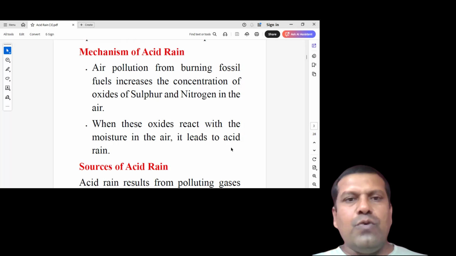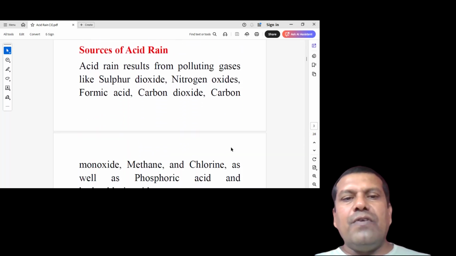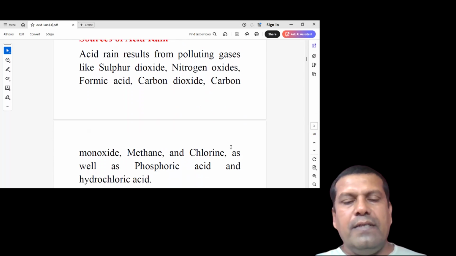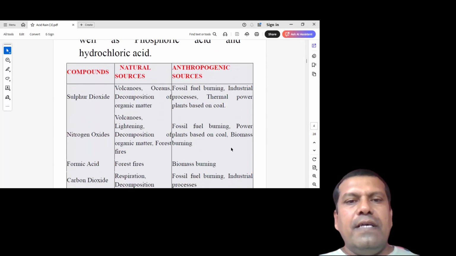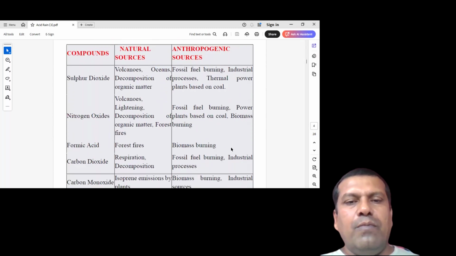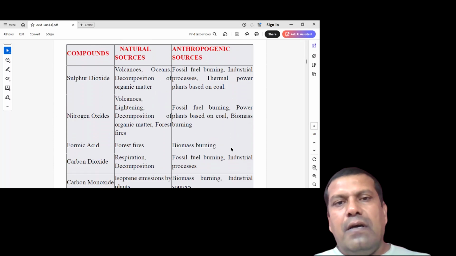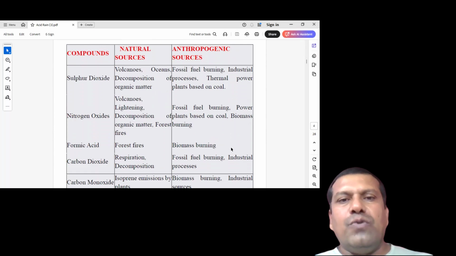What are the different sources of acid rain? Acid rain results from polluting gases like sulfur dioxide, nitrogen oxides, formic acid, carbon dioxide, and carbon monoxide. Similarly, methane and chlorine. Here there is a tabular column which depicts the various compounds that are leading to acid rain, and what the major sources are.